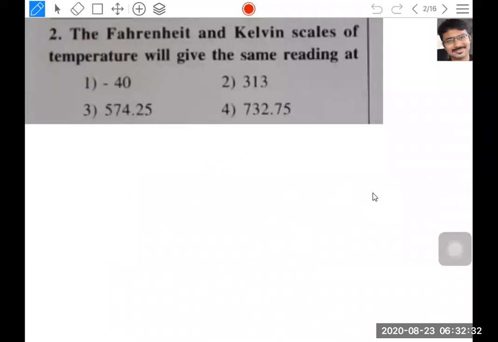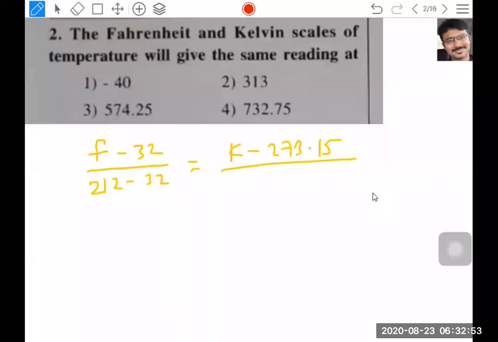Second problem. The Fahrenheit and Kelvin scales of temperature will give the same reading at, they told. That means for the Fahrenheit scale, the formula we know is F minus 32 by 212 minus 32. For the Kelvin scale, the formula we know is K minus 273.15 by 373.15 minus 273.15.